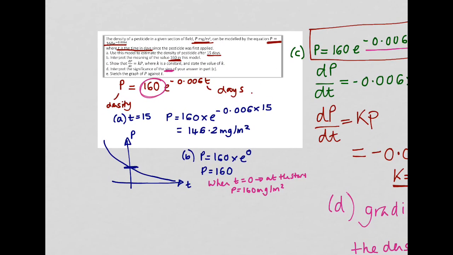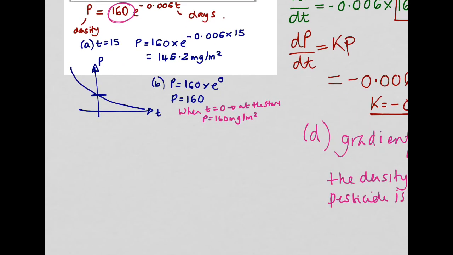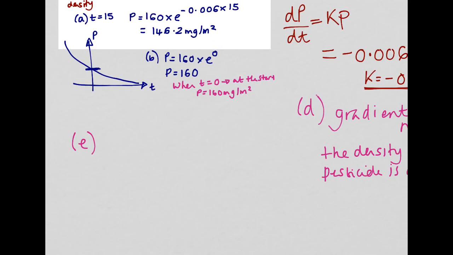E now. E says sketch the graph of P against T. Now, what you'll notice is I've already done that because I just love a graph. And I'm just going to redraw the graph because there are some problems with the one I've drawn above. First of all, time can't be negative, but at the time I was sketching that, I was talking about what an exponential function with a negative exponent is. Remember, that's the same as a fractional exponent, so a fraction where that fraction is less than 1.